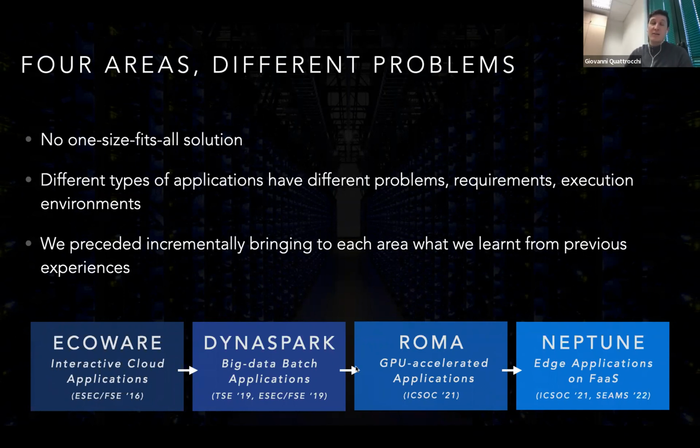But still, we demonstrated with experiments, which you can find in our papers, that we improved the performance of the auto-scaling provided by cloud approaches. But as I said, the cloud providers are bringing more and more automation.